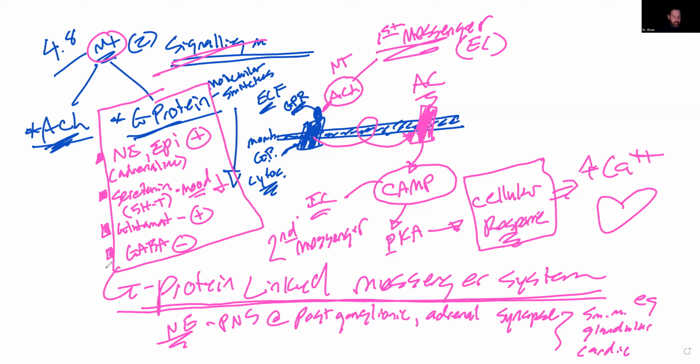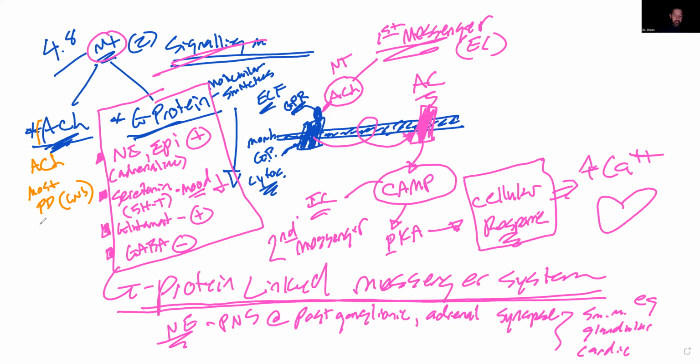And then finally, to wrap this up, let's talk about acetylcholine. I would say this is the most predominant neurotransmitter in the CNS.